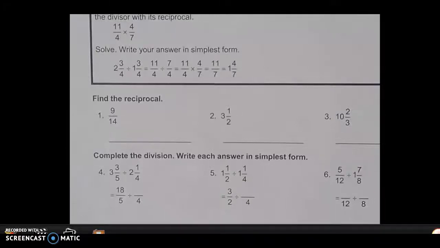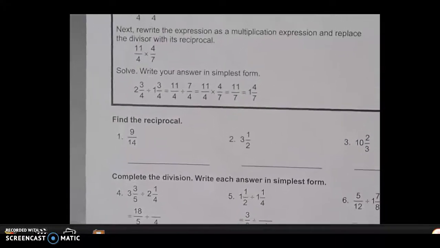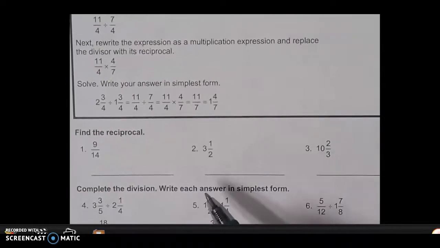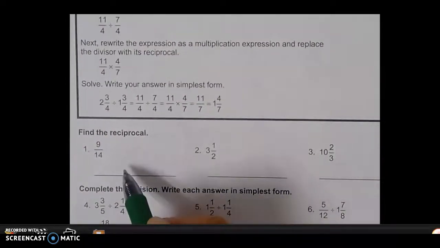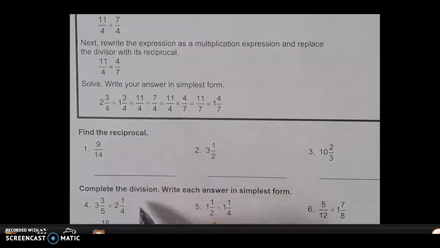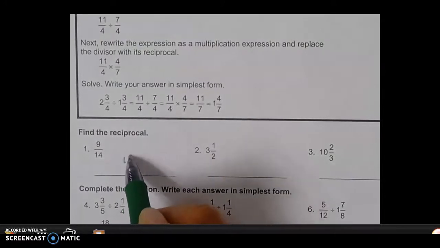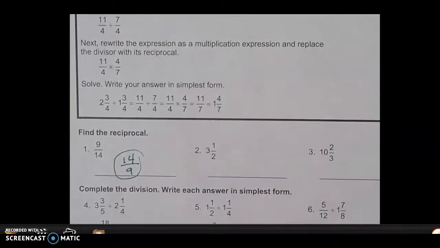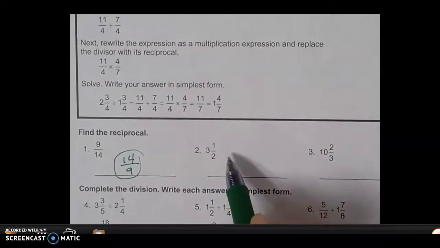So going over the homework from last night. For 1, 2, and 3, you had to find the reciprocal, which all you're doing is flipping it. So instead of 9 over 14, you have 14 over 9. 3 and 1/2, you have to convert it to an improper fraction, which is 7 over 2.